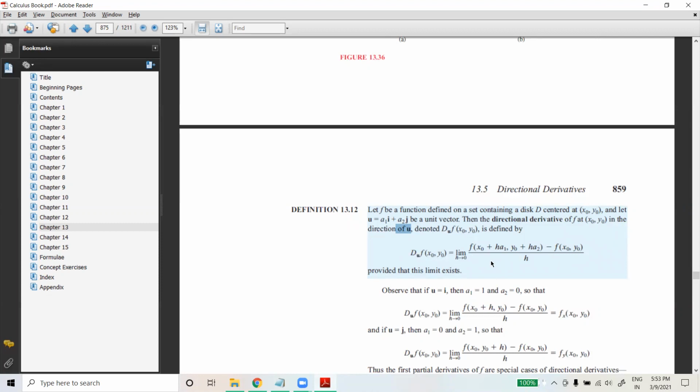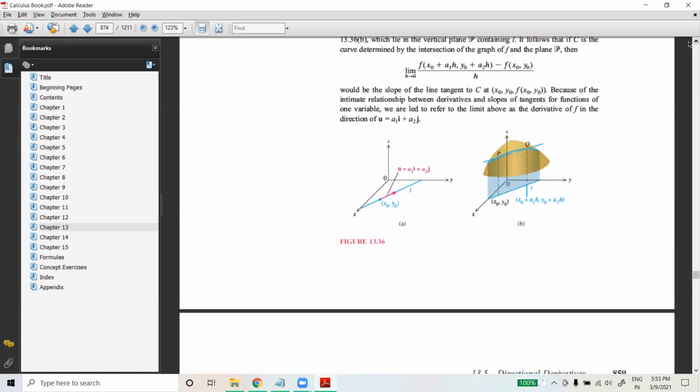It is similar to finding a derivative using limits, but here they're using x0 plus h a1, y0 plus h a2, plugging those into the function.